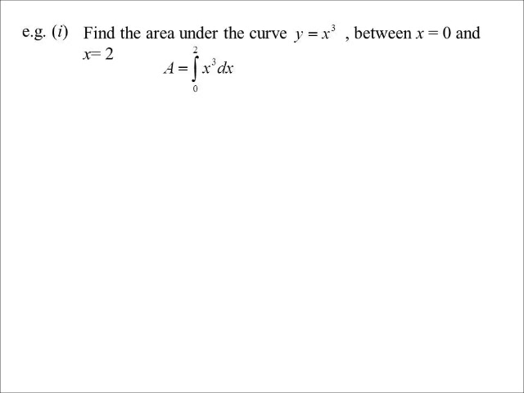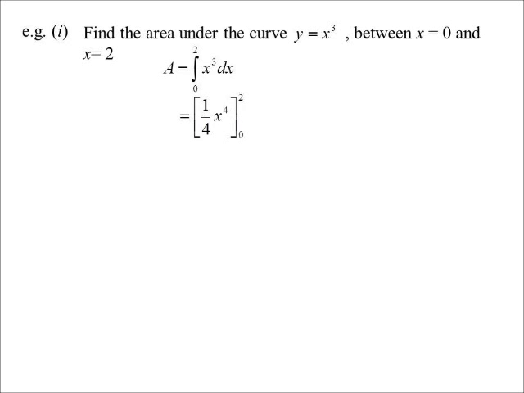When we're finding the primitive function of just a polynomial, remember it was add 1 to the power, because it's the reverse of differentiation. When we differentiated, we subtracted 1 from the power. And the other difference was, instead of multiplying by the power, we divided by the new power. So this one will become a quarter x to the power of 4. Add 1 to the power, it becomes 4.